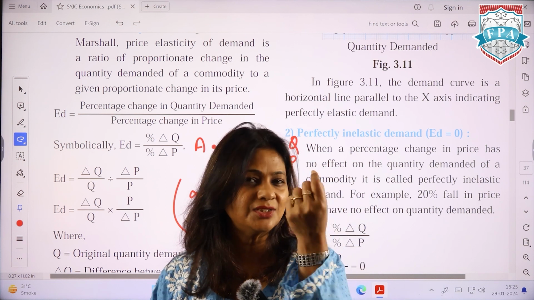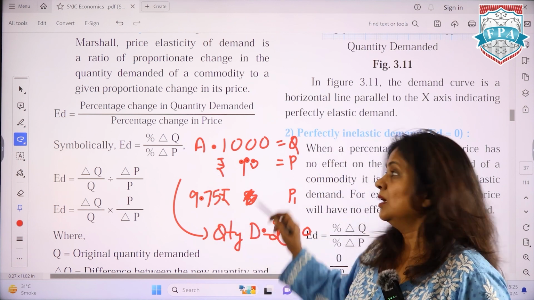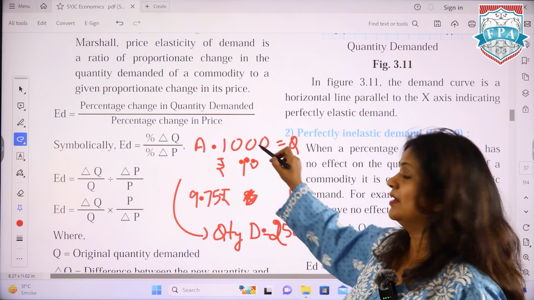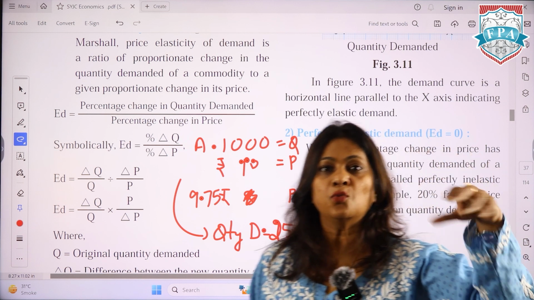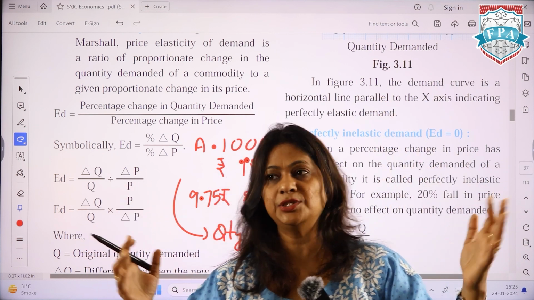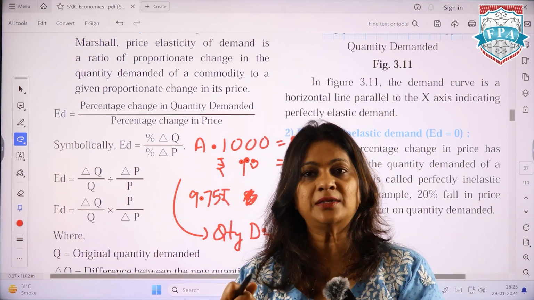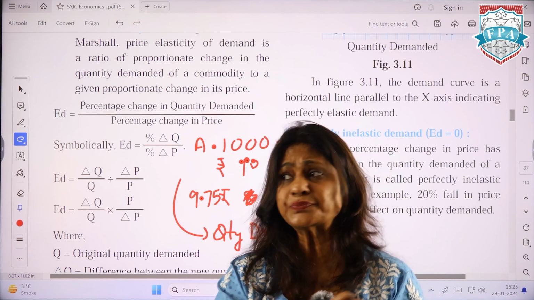So the change in price is just 2.5%. But look at the change in the quantity demanded: 2500 minus 1000 is 1500, divided by 1000 is 150%. This is huge. This is known as the product being extremely elastic. It is very responsive to the price.